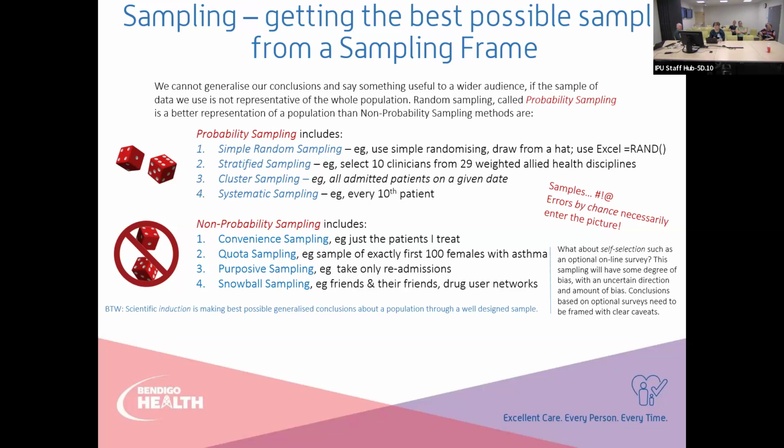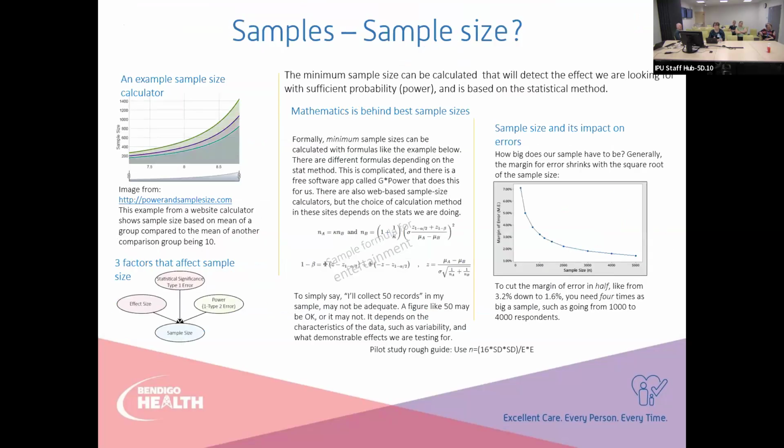Next one. The sample size. One of the most frequent questions I get, when somebody is thinking to do a study for their master's or their PhD or for their work, is: I'm going to take a sample, how big does the sample need to be?